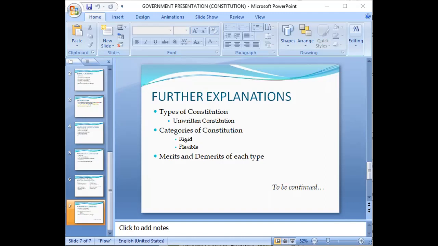It is flexible. It does not take any special procedure. You just amend it, the same way an ordinary law is amended. Another merit is it can be changed quickly. Considering it is flexible, you can change it as often as you want. Then we have quick decision making.